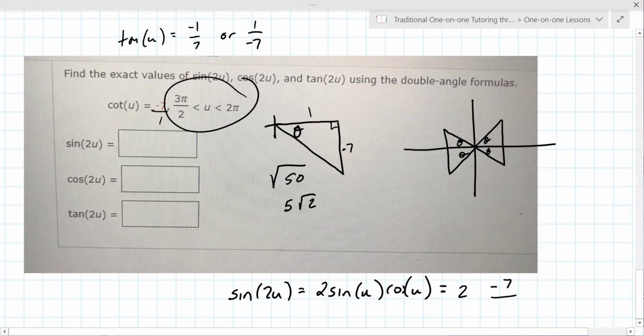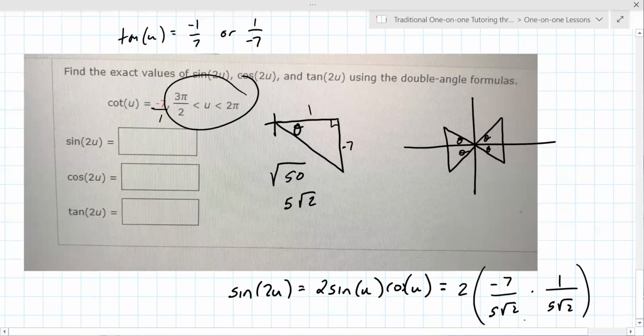You could also use the square root of 50, I guess, because you are going to multiply. Cosine u is 1 over 5 root 2, because now I've sort of made it more work to reduce this, because the bottom is square root of 50 times square root of 50, so it's 50. This is -14 over 50, and I don't know if it'll accept that. You may have to reduce to -7 over 25. Okay.